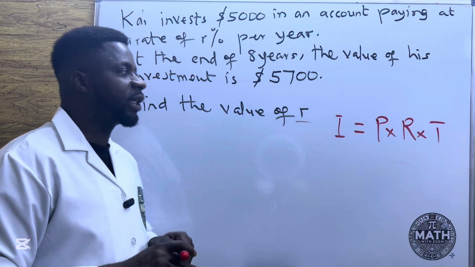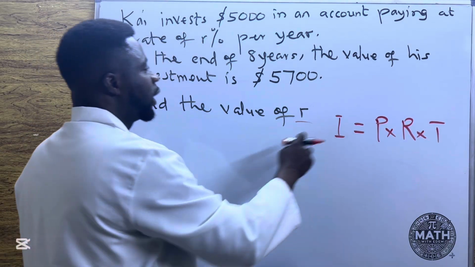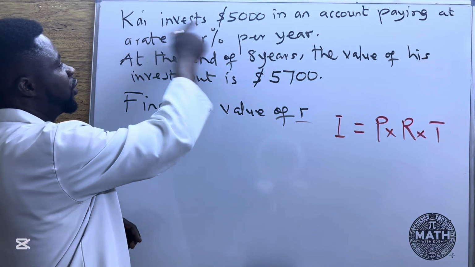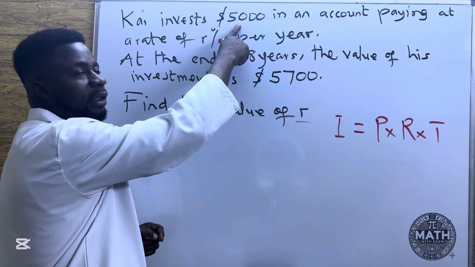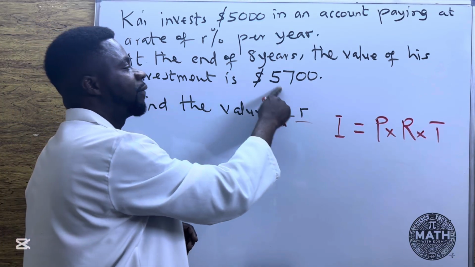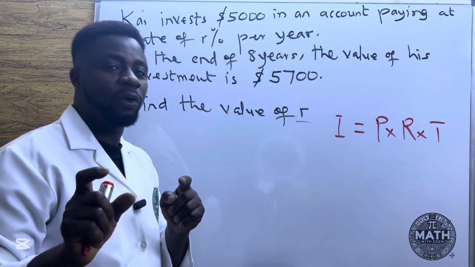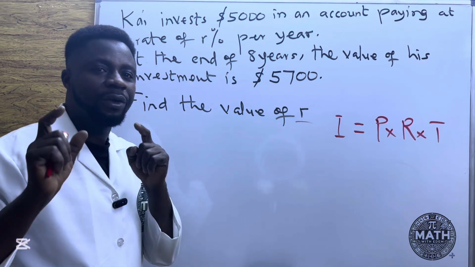So what we are going to do is simply substitution. Before we do the substitution, let us look at the interest. Here we have the initial amount, which is $5,000, and then the final amount is $5,700. So it is very easy for us to find the interest.